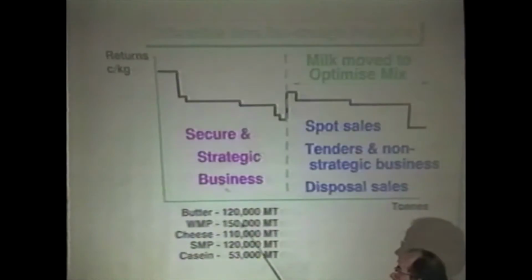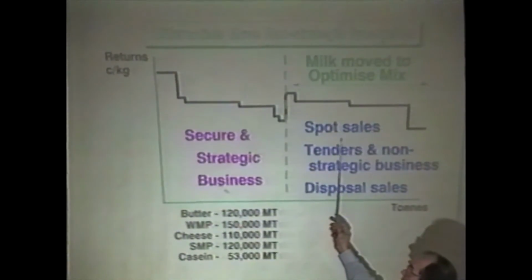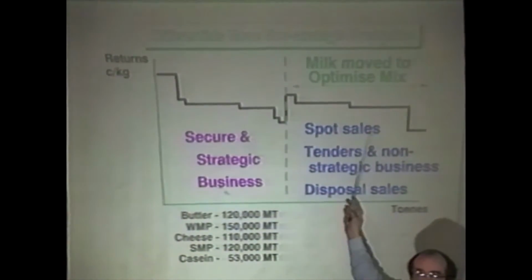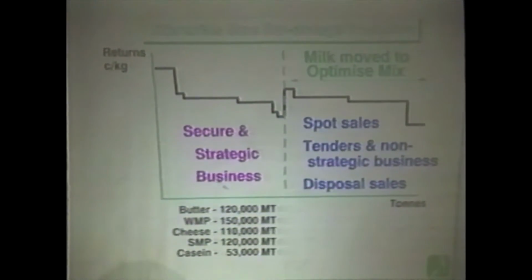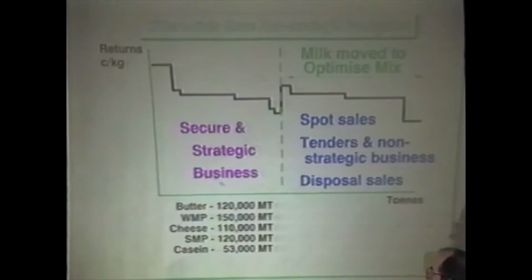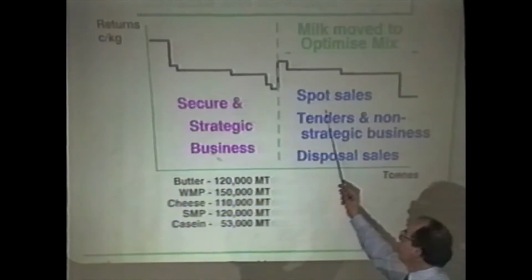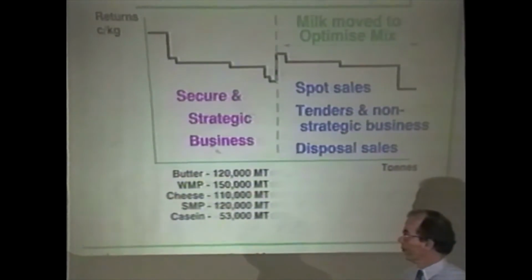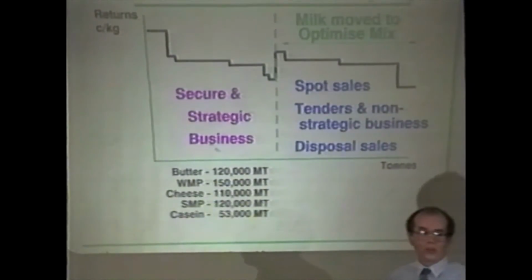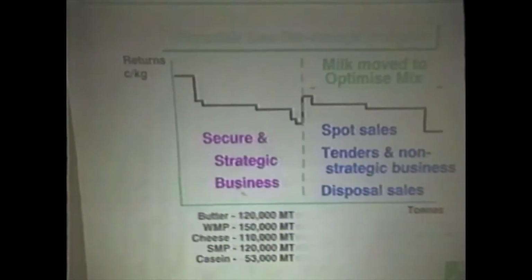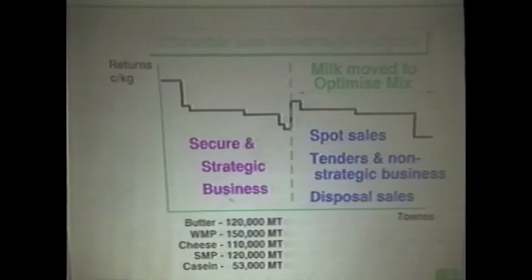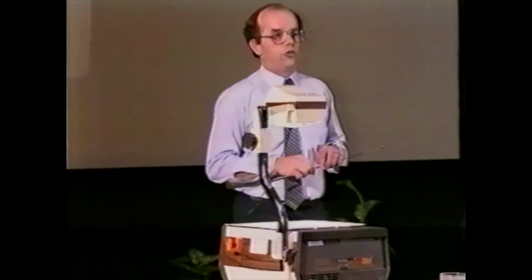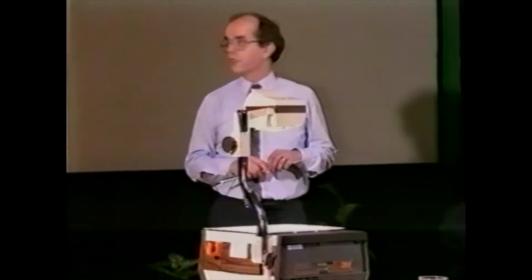And whole milk powder, similarly, about half of it is out here because it's chasing opportunities to sell instead of butter. Cheese, there are not so many opportunities in the spot business. Skim milk powder and casein essentially don't have the luxury of chasing spot business, and their core business, or all of their volume, is in the core sales.